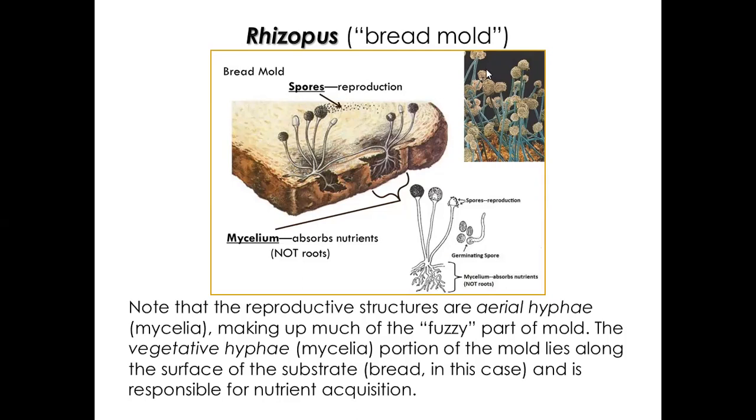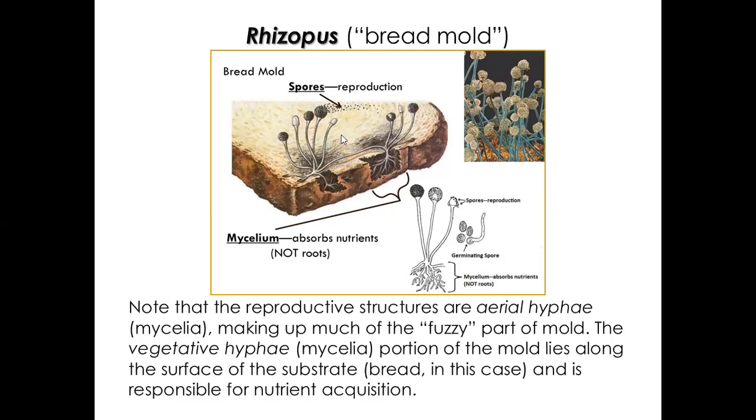Here's a nice image of bread mold growing here on the top right corner. These reproductive structures are called aerial hyphae because they grow up in the air, up above the surface.